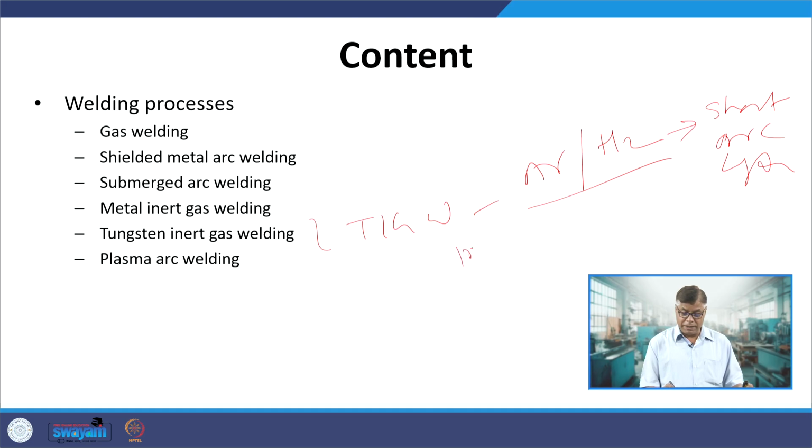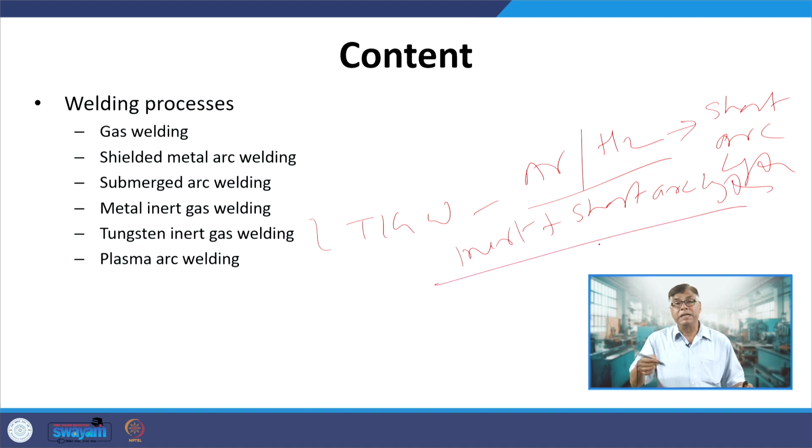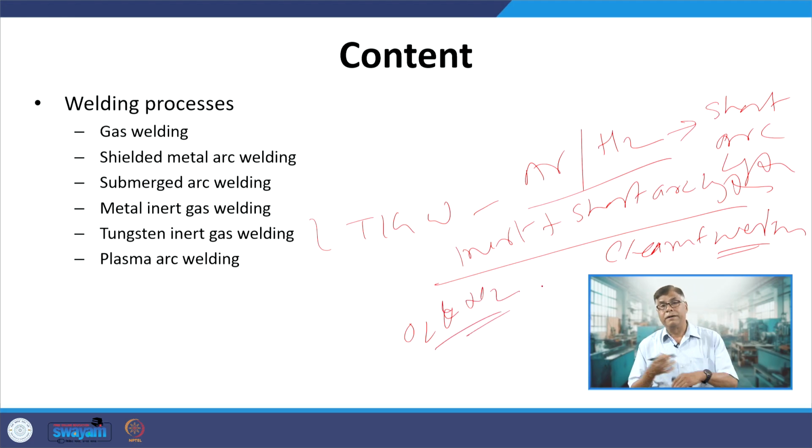So, use of the inert gas clubbed with the short arc length helps in developing the cleanest weld metal, having the minimum amount of oxygen and nitrogen in the weld metal among all arc welding processes.